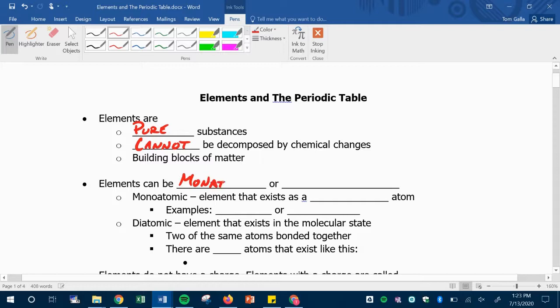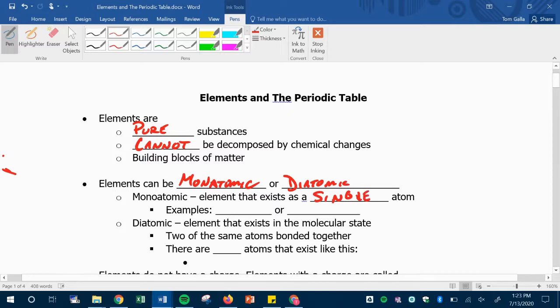Now, monatomic elements are the elements that a majority of the periodic table actually consists of. And so with our monatomic elements, these are ones that can exist just as a single atom. So if you think about the word mono, you think of single.